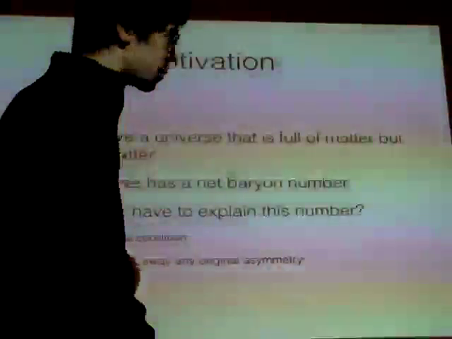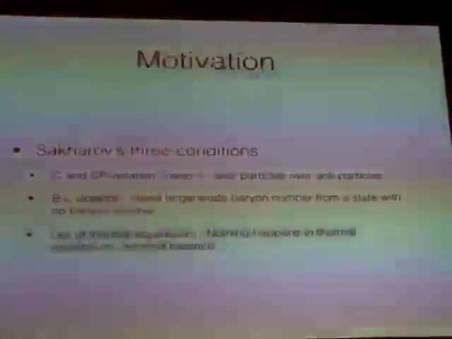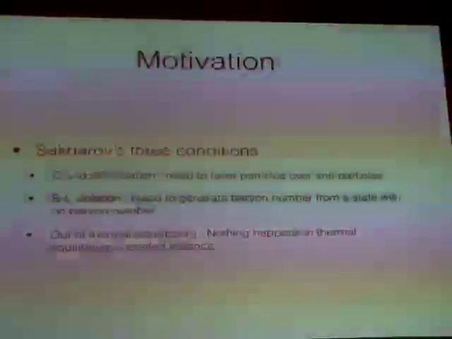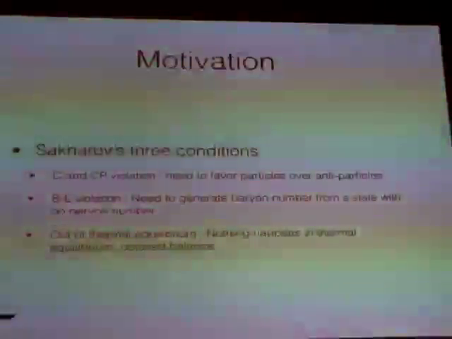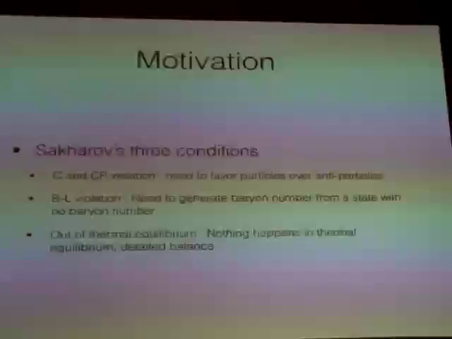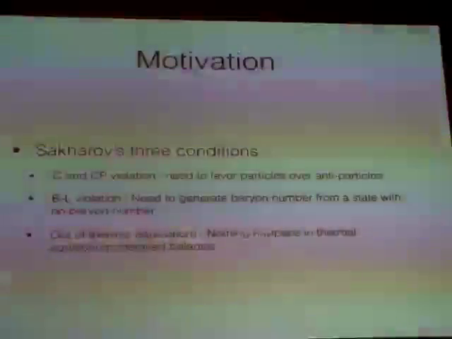What has basically guided people in the past several decades, as they have thought about baryogenesis, has been Sakharov's three conditions. The first is you need C and CP violation. The reason for this is you need some way to distinguish particles versus antiparticles. If you want to produce more of one, you have to somehow know the difference between them.